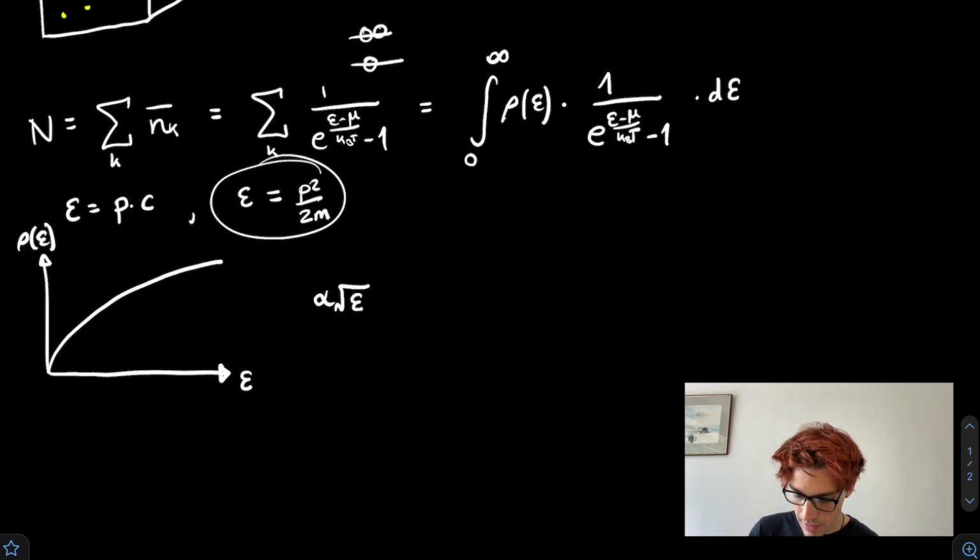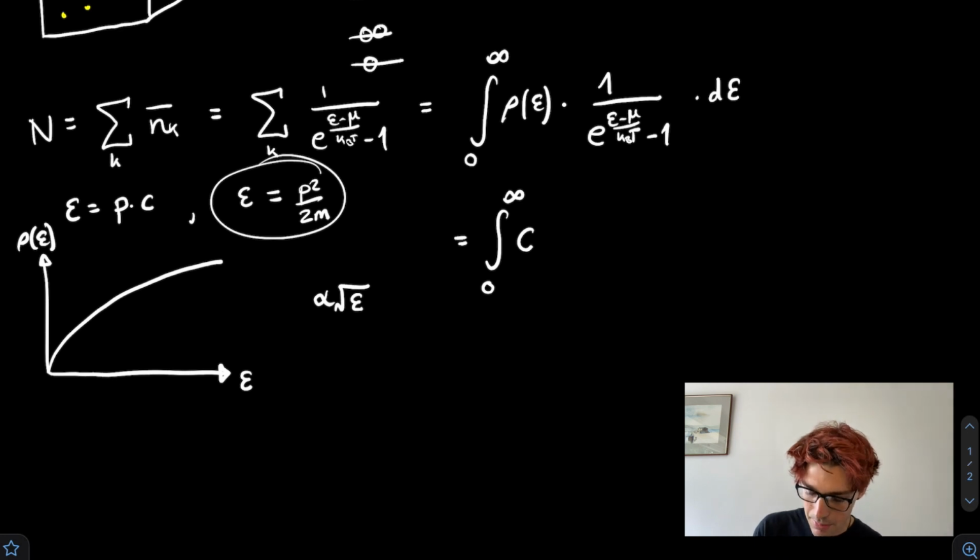So what I'm going to write is that this integral right here, I'll write it over here. So this is going to be equal to the density of states, which we said was proportional to the square root of energy. So we're going to write a bunch of constants, which is basically all these constants, which includes mass, h bar, pi, or whatever. And we also said that the density of states includes a volume term as well. Now, normally the volume term would be treated as a constant. However, with Bose Einstein condensation, we're going to be talking about densities a lot.